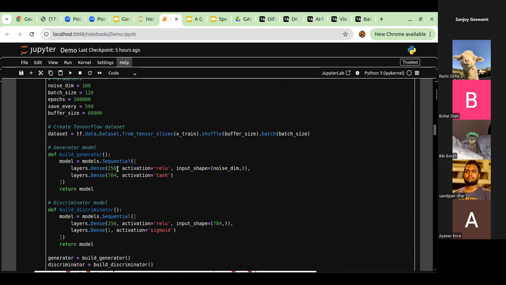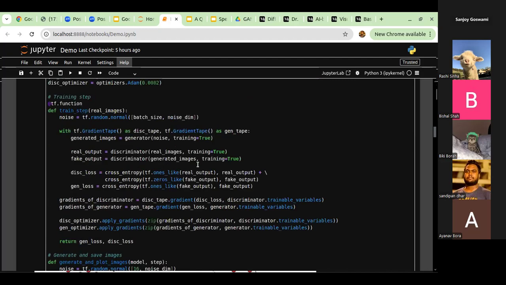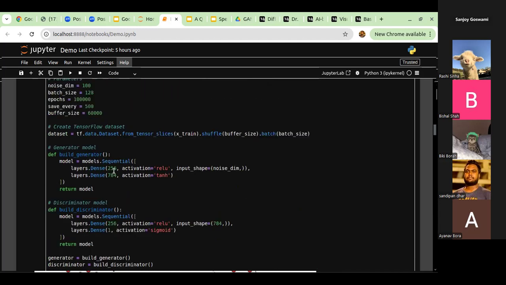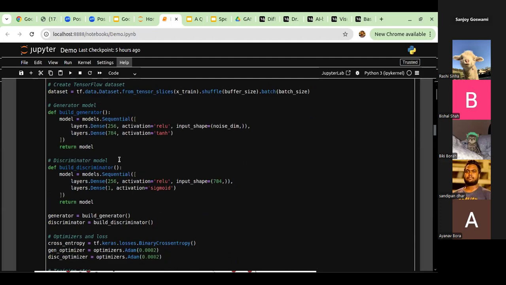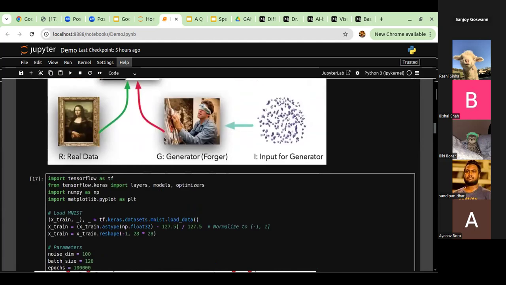It will take 256 as an input, then 784 as the output. Then you have the discriminator. The discriminator is nothing but a CNN model, a classification model. See how the architecture of the generator and discriminator is different.